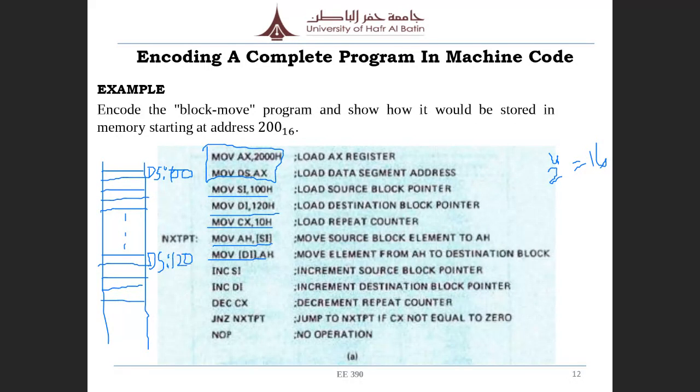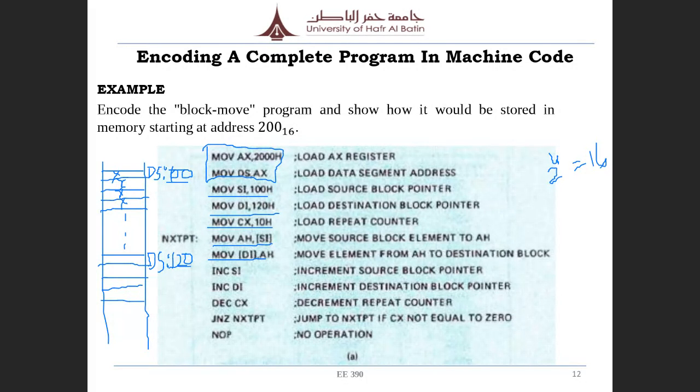Say we have 16 data with the offset address 100H, and now we'll move them to a new location with the offset address 120H. So what do we do? We initialize the source index register with 100 and the destination index register with 120.